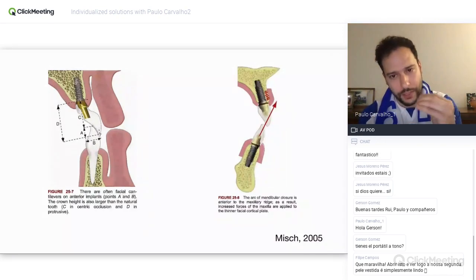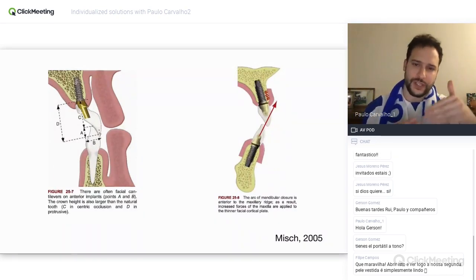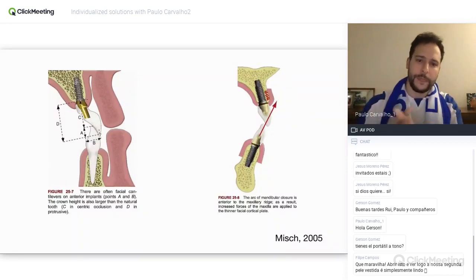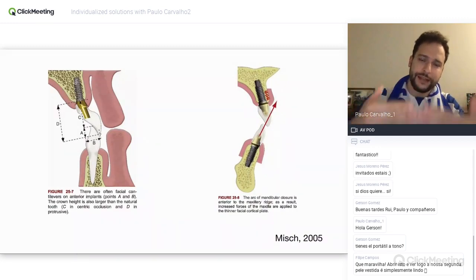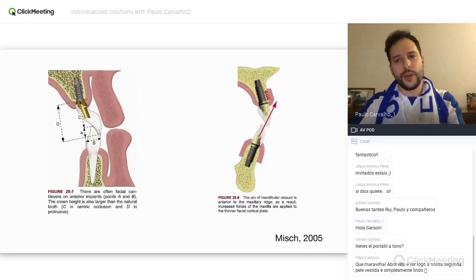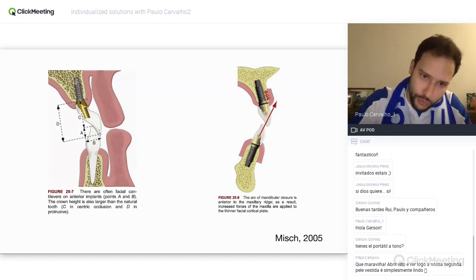So here I thought, okay, if we only put the prosthesis top to top and not overload the bone, which means I will not try to put the prosthesis outside the axis of the implants, and I will try to compensate lip support with another solution. And remember, the patient wants a fixed solution.